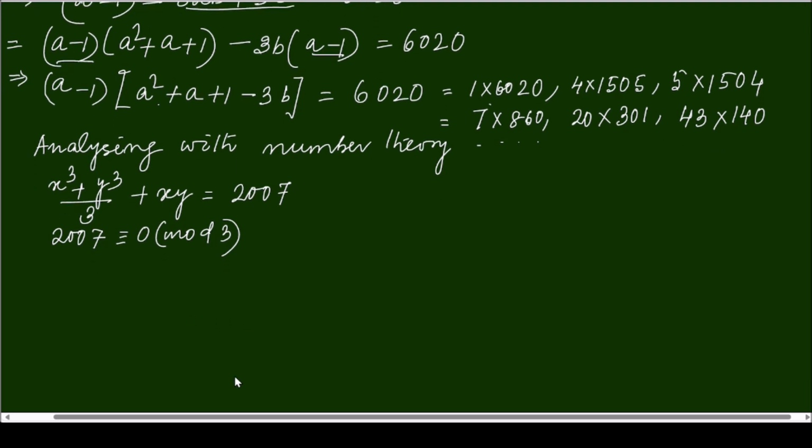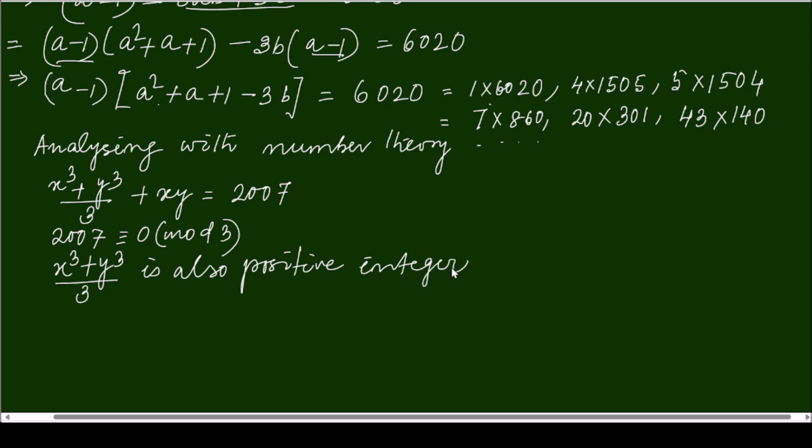Now see, x and y are given to be positive integers, so (x² + y³)/3 is also a positive integer. So when it is an integer, that means x² + y³ is divisible by 3.